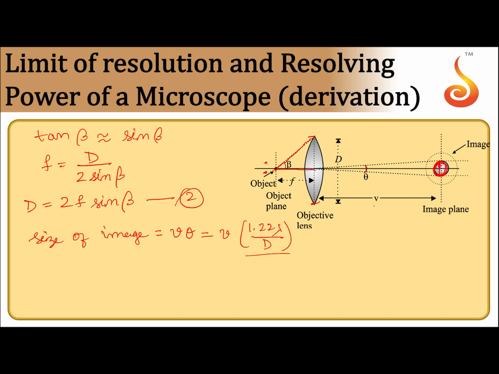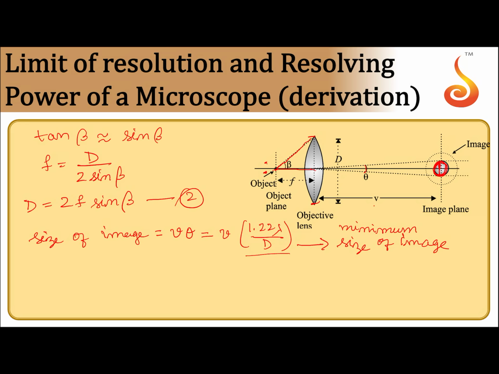The corresponding minimum separation in the object plane: this is the size of image. This is minimum size of image, so that you will have two separate images for two point objects. Now do the reverse. What should be the minimum separation in the object plane?